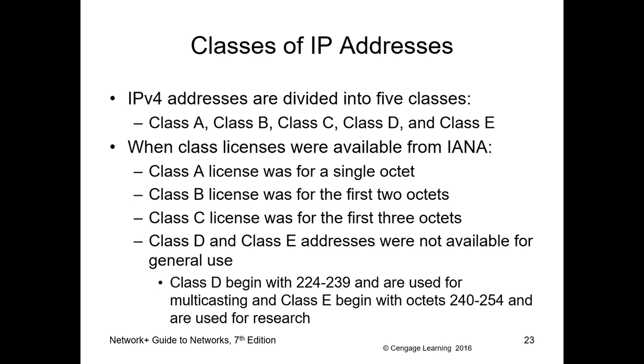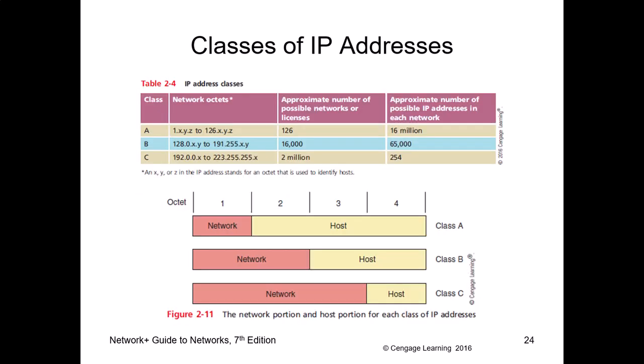And class E is really used for internet experimentation, for research. So really we only need to worry about classes A, B, and C. These are the ones that you can use to communicate. You do not use class D and E. Any address from 1 to 126 is going to be class A. From 128 to 191, that's class B. 192 all the way to 223, that's going to be your class C, right?